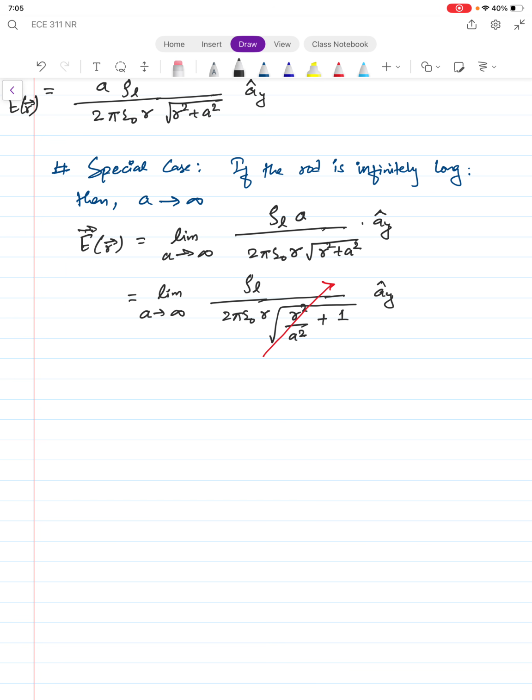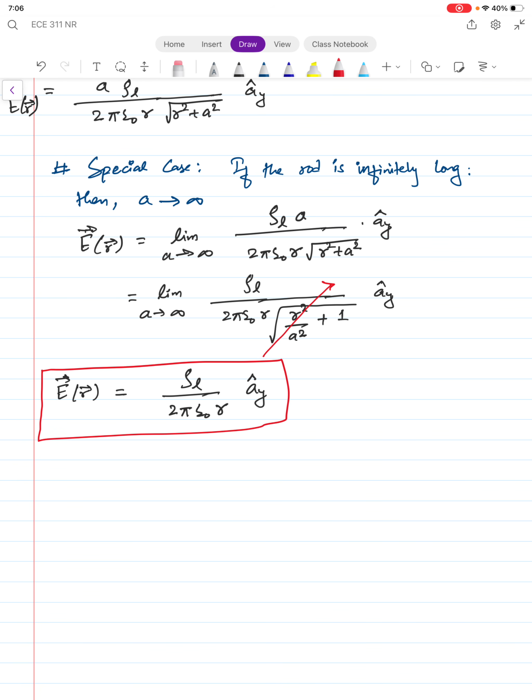So square root of 1 is 1, and we get E at r is rho L divided by 2 pi epsilon 0 r along the y direction. So that will be the electric field when the rod is infinitely long.